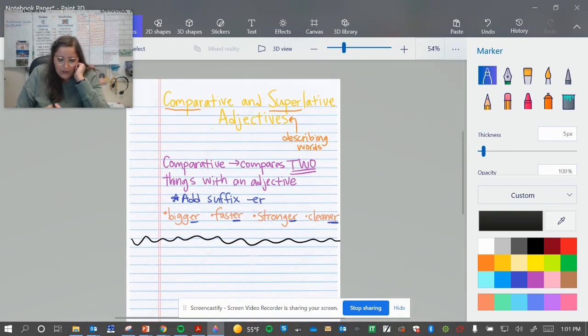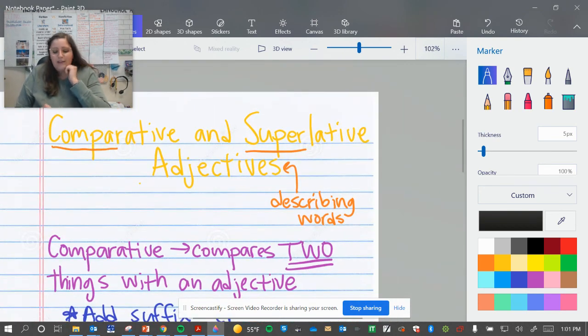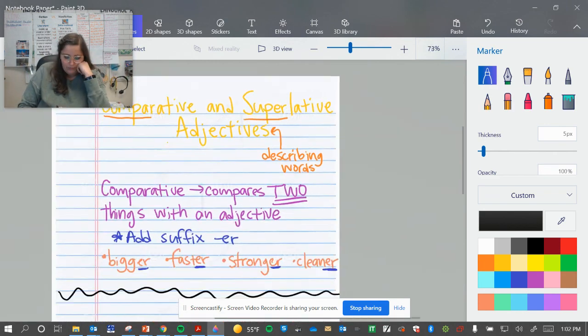Let's go back up here and look at this word, superlative. What is something that's super? What does super mean? Super means the best, the most spectacular. So a superlative adjective tells the best or the most out of all of the things that you're talking about. Let's come down here.